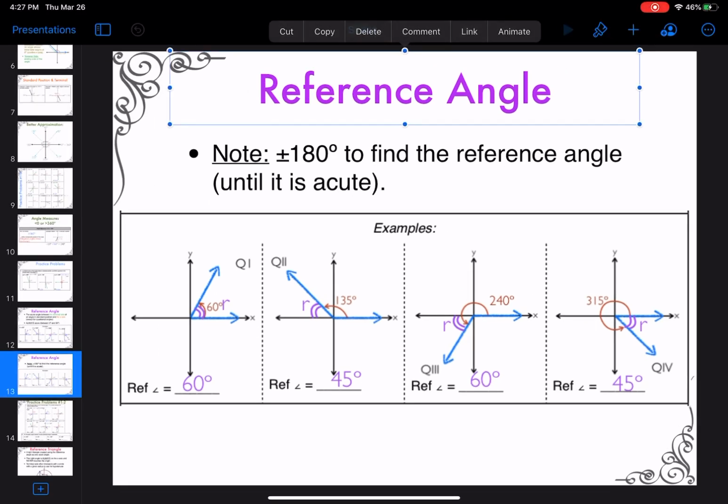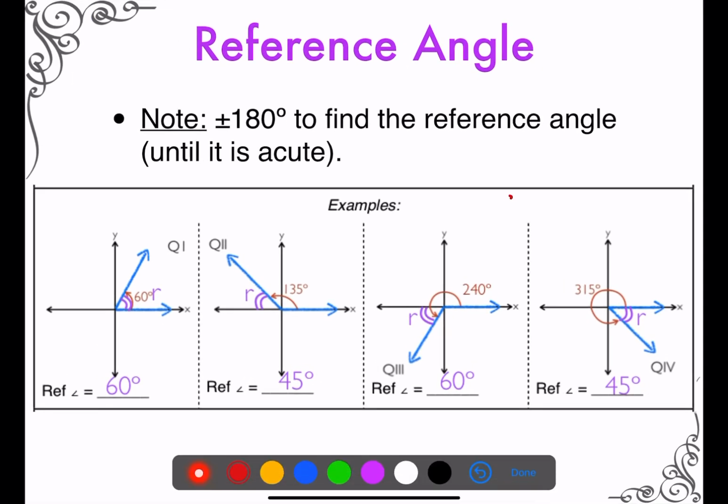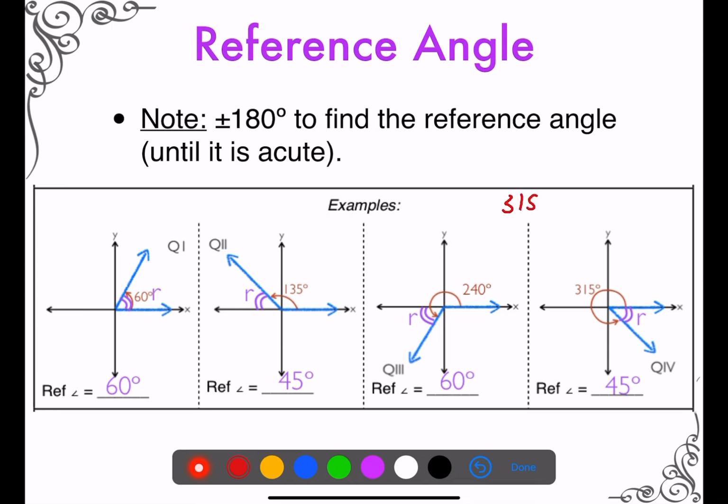So for this one, if I did 315 minus 180, what do you notice about what we get when we subtract those two numbers? Are we at an acute angle? So you're right if you said we are not.